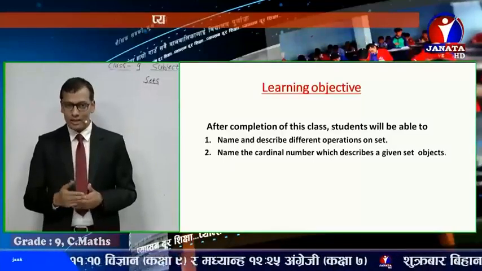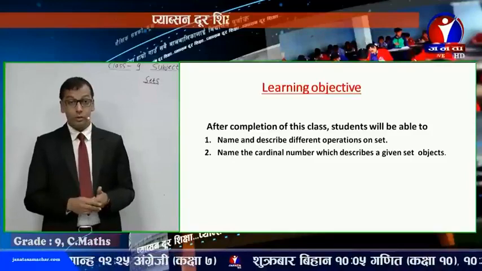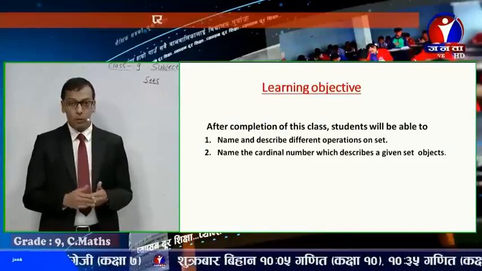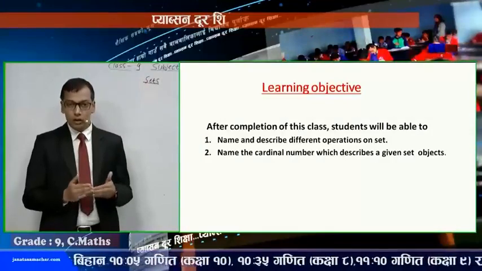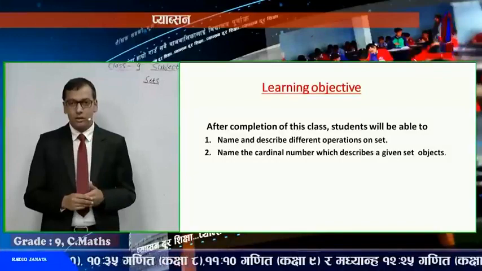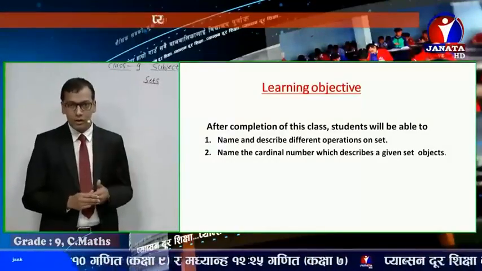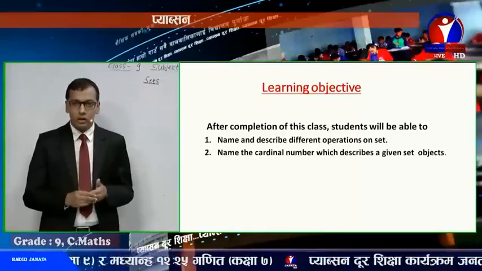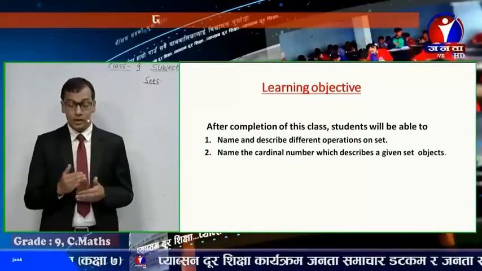After completion of this class, students will be able to know what the different set operations are, and you will also know what the diagram for different set operations looks like, and you can name them. You can use the terminologies that we use in set operations.